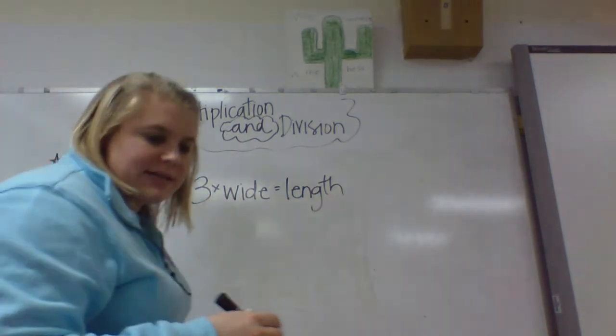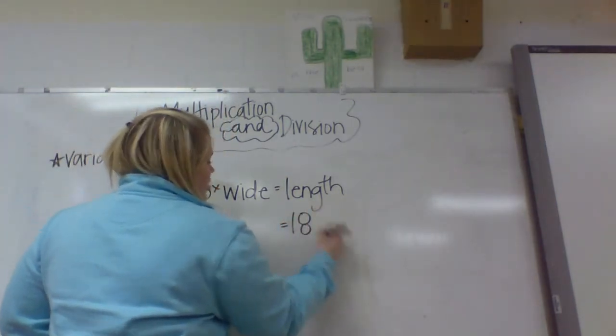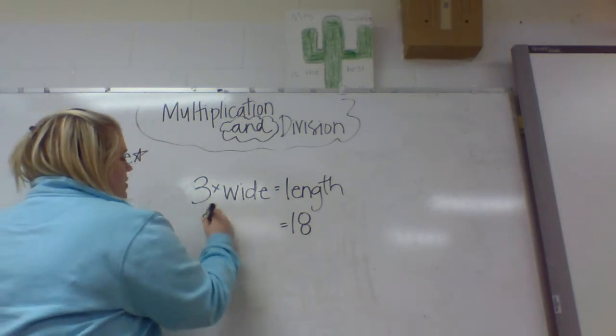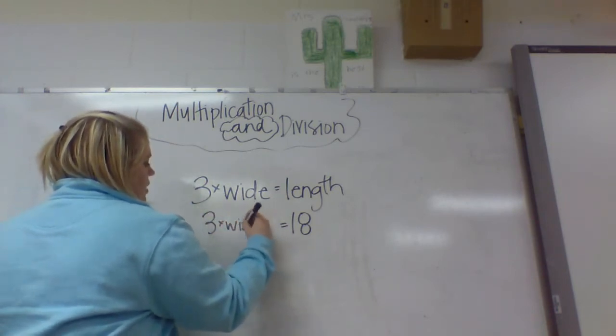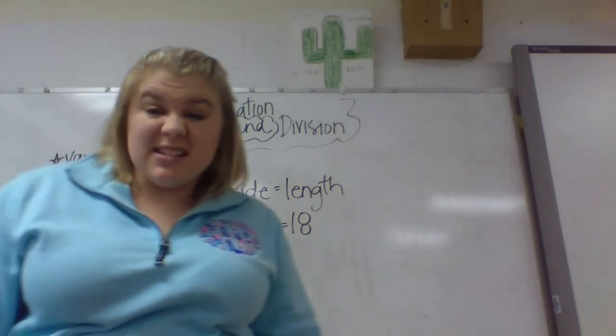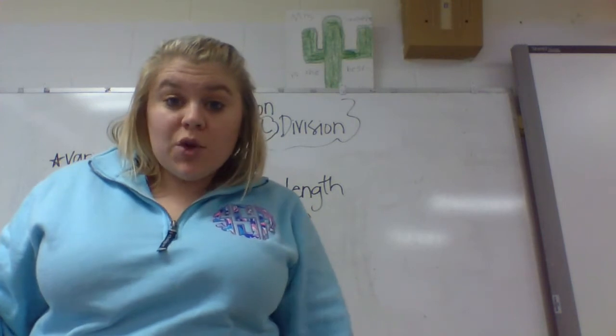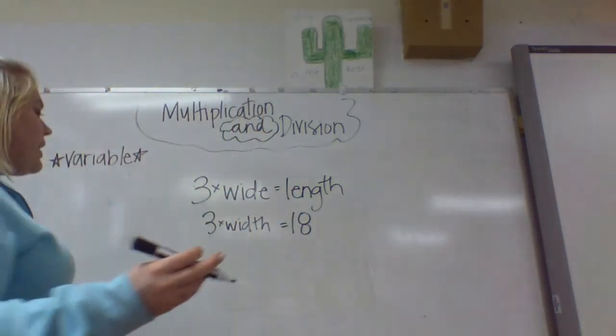Then it tells us that Gilda's sponge cake is 18 inches long. So 3 times the width equals 18. It doesn't ask us to solve; it says use n to represent the width and set up an equation.